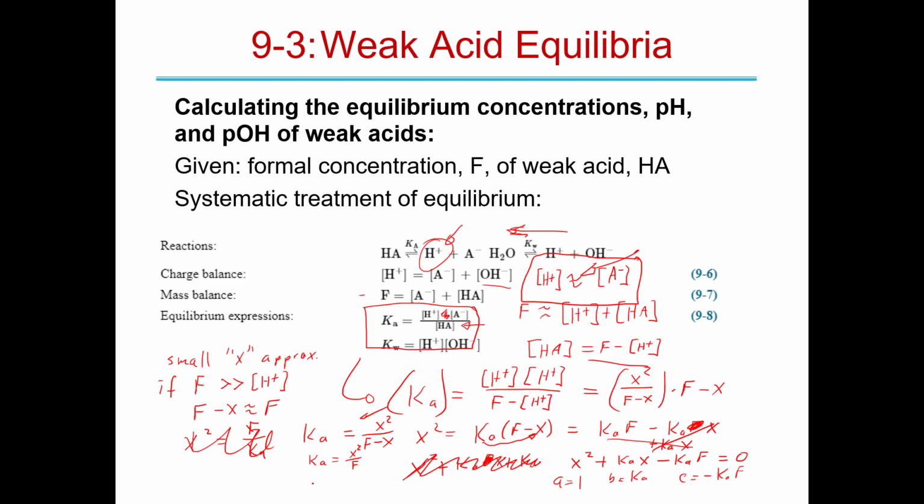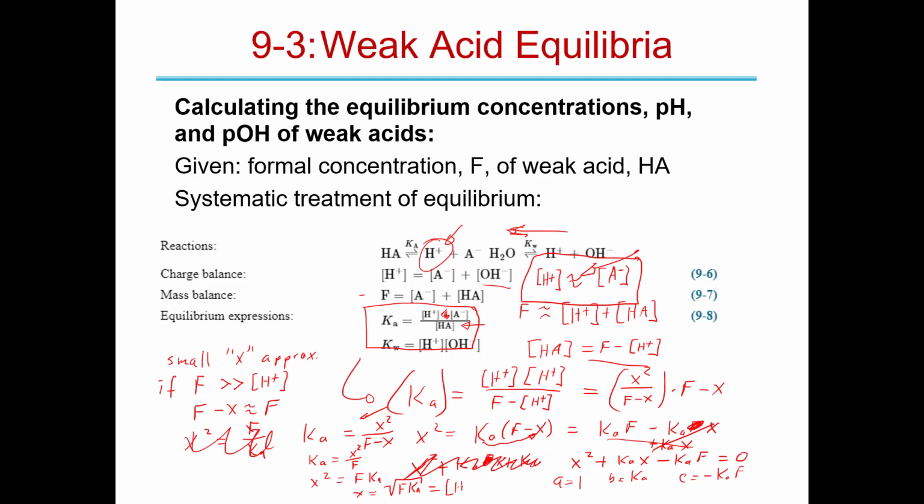We multiply both sides by F. We get that X squared is equal to F times Ka. And then we can solve for X easily enough just by taking the square root of both sides of that equation. So the square root of F times Ka will give us our X concentration.